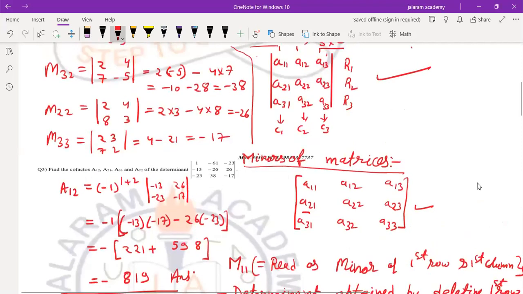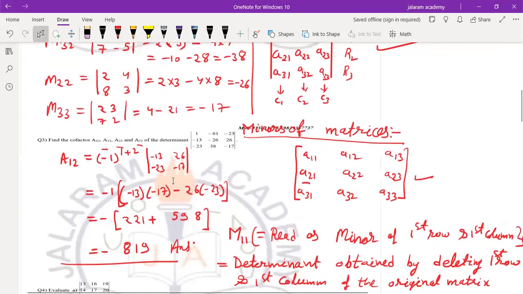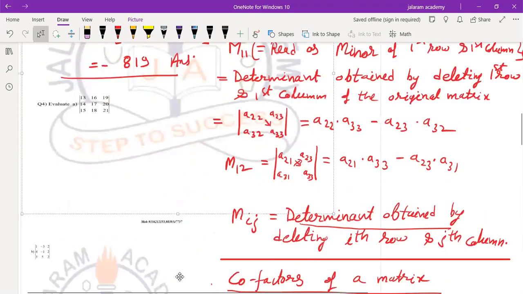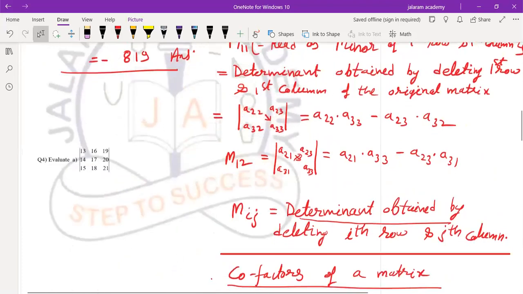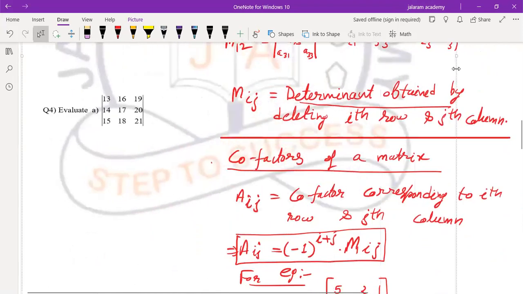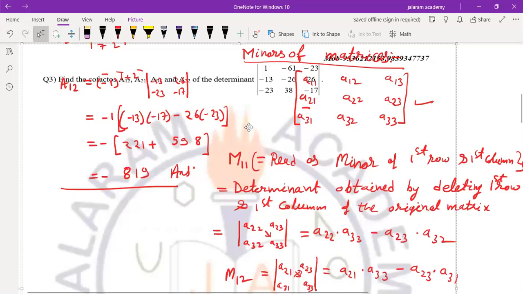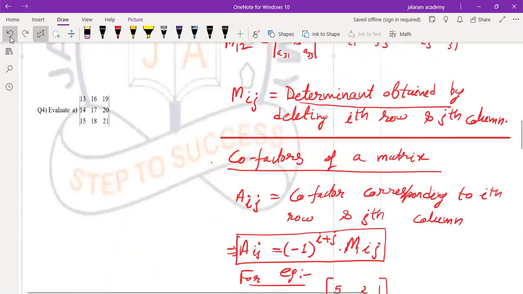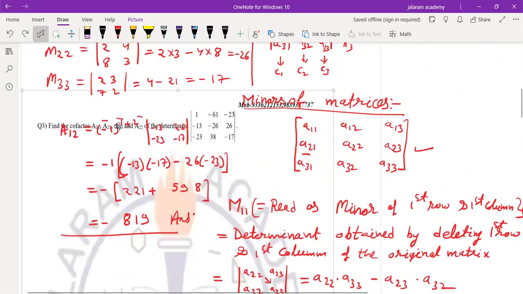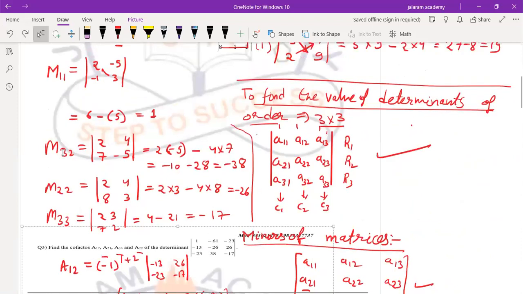Similarly, you can find the values of A21, A33, A22. So how will you find it? The value of A32. A21.